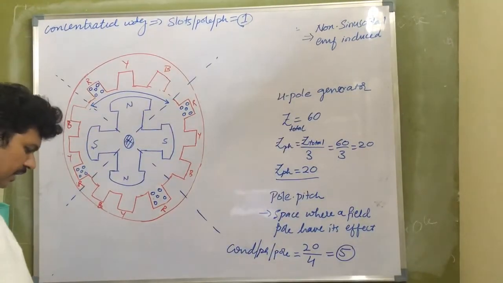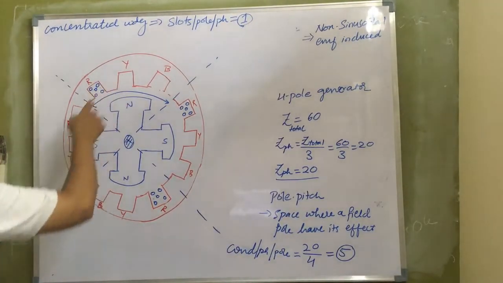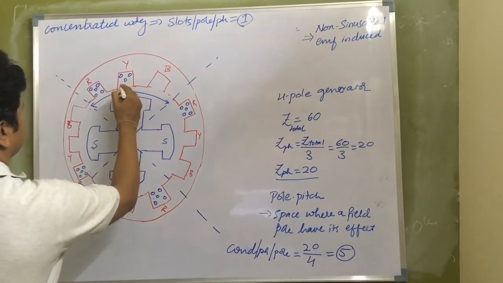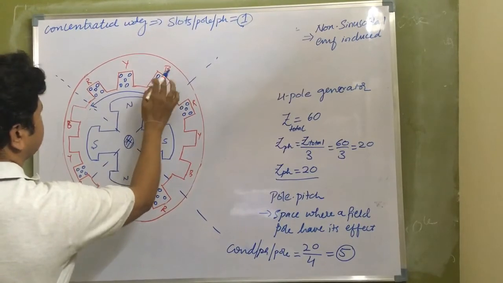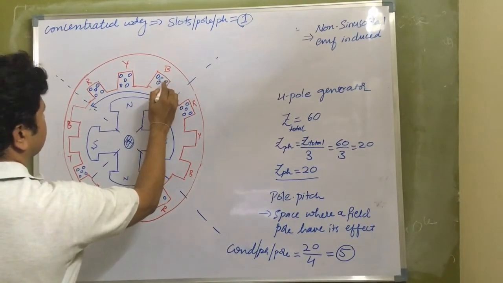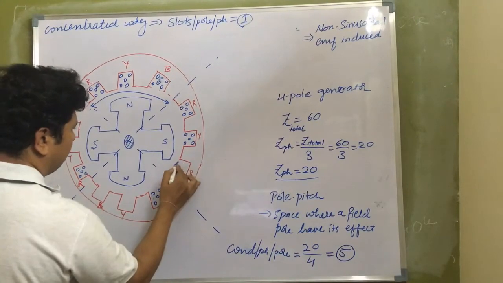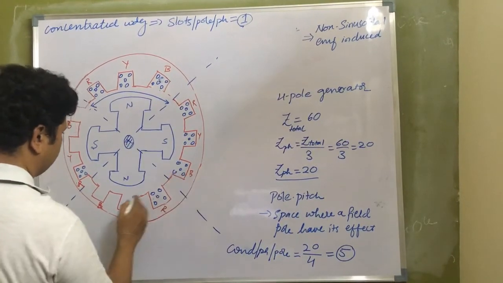Now similarly, I will get for Y phase 5 conductors, B phase 5 conductors, here also 5, here also 5.